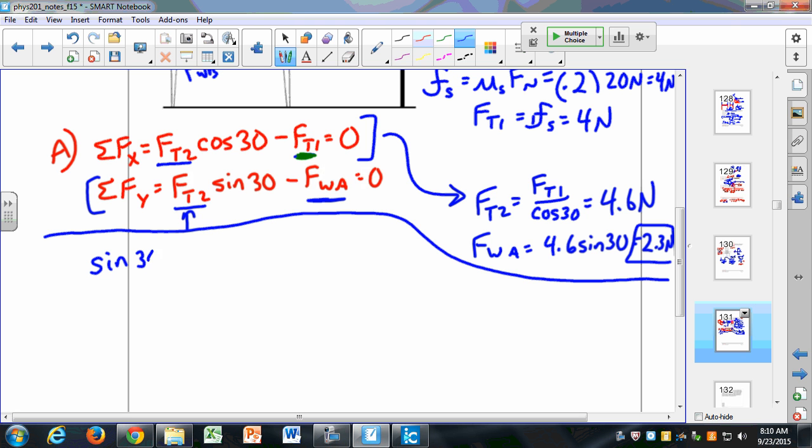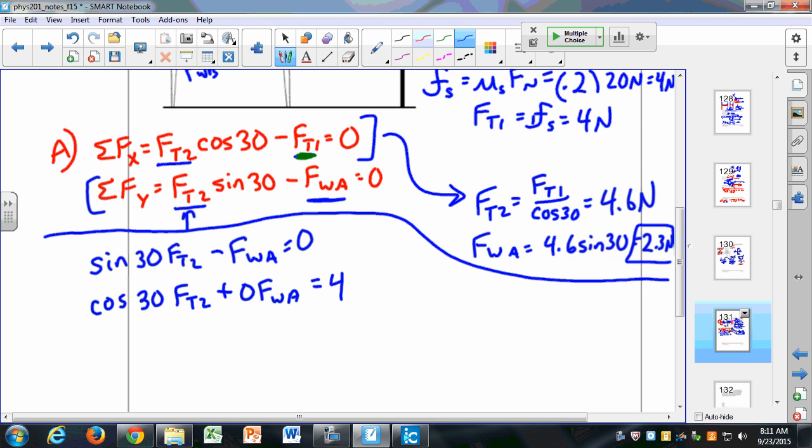Sine 30 FT2 minus FWA equals 0. And then cosine 30 FT2 plus 0 FWA equals 4.